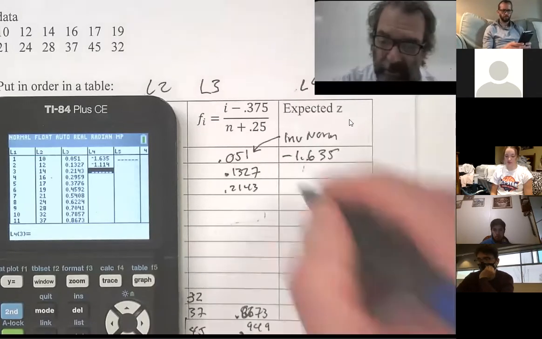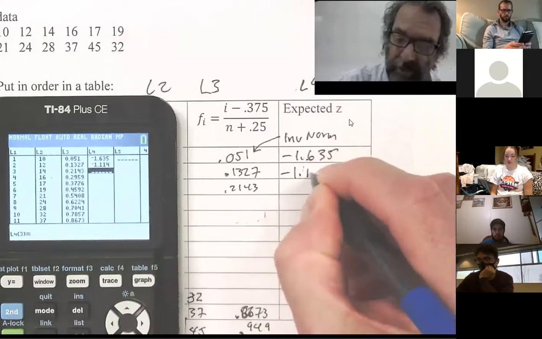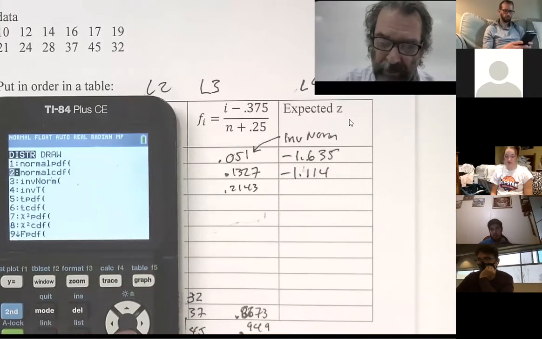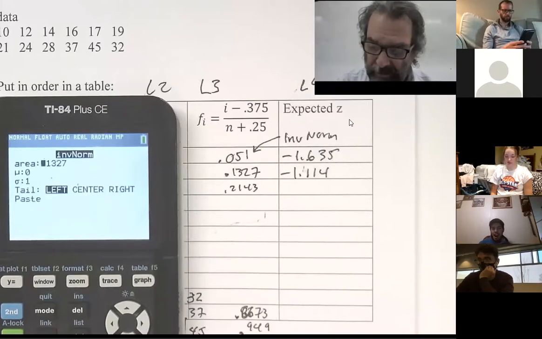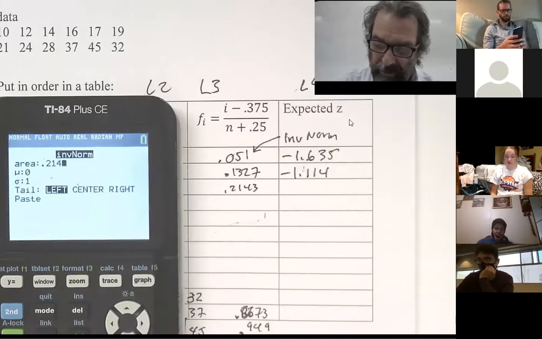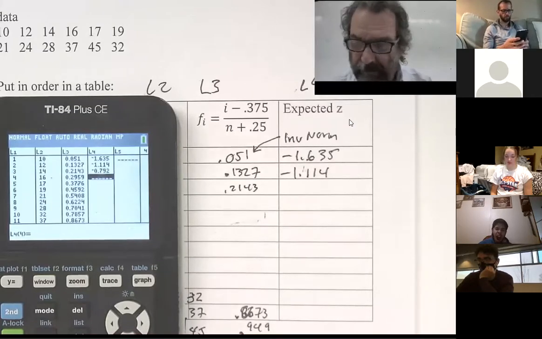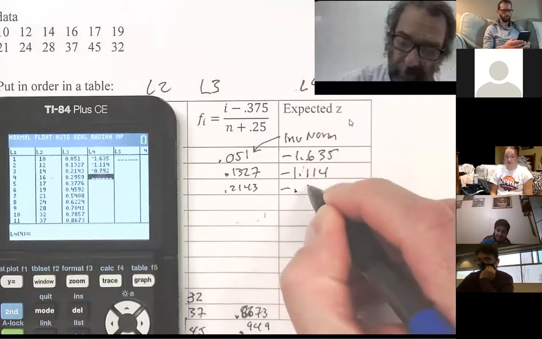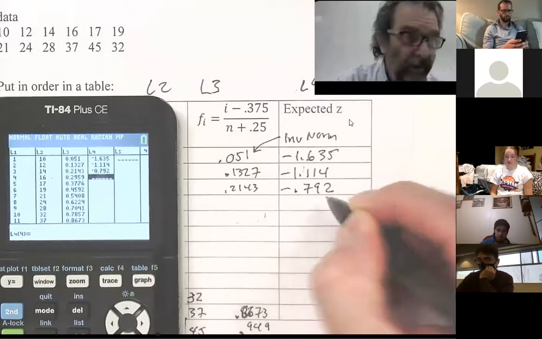Okay, negative 1.114. Then do it again, second distribution, go down, enter, 0.2143, down, down, down, paste, paste. Okay, negative 0.792.